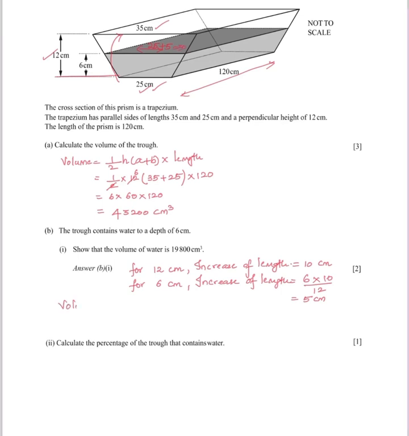Volume of water would be, again, the base area, which is the trapezium. The height of the trapezium is 6 centimeter, times (25 plus 30), times that complete length, which is 120, giving 19,800 centimeter cube.